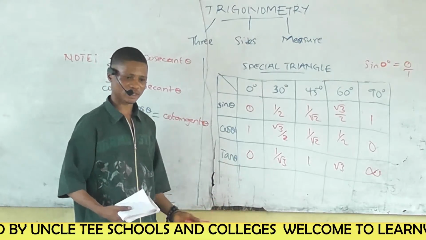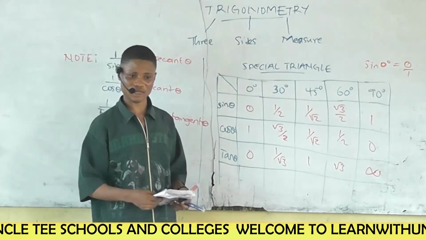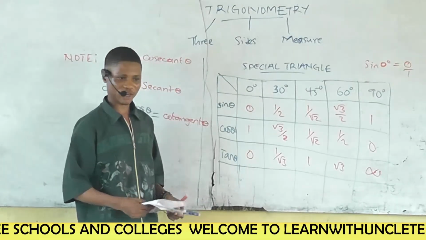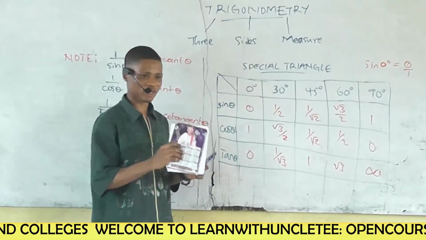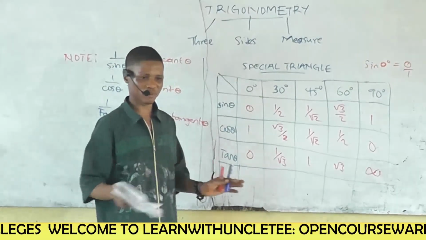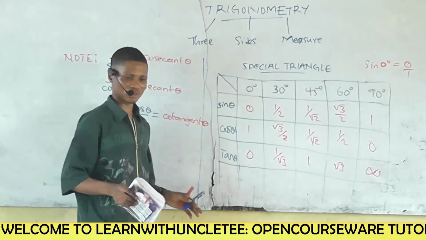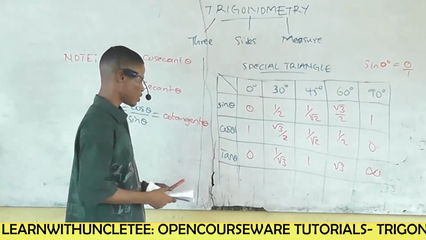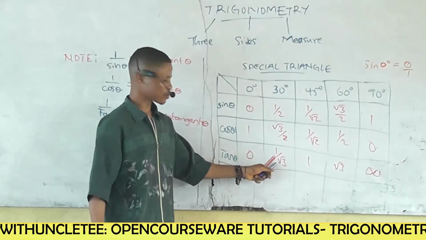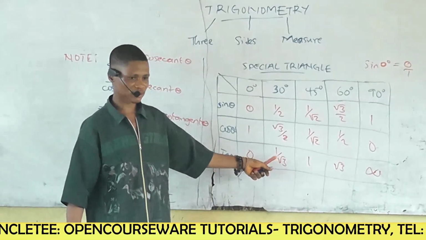As undefined. Undefined is not the same thing as 0. Undefined is 1 divided by 0. Any number at all divided by 0 is undefined. You have to keep that in mind. If you take the reciprocal of this, what will it be?